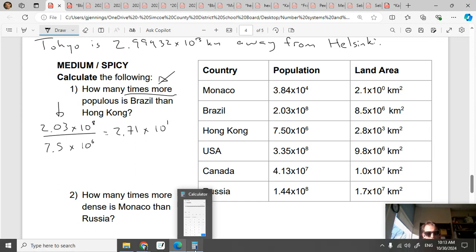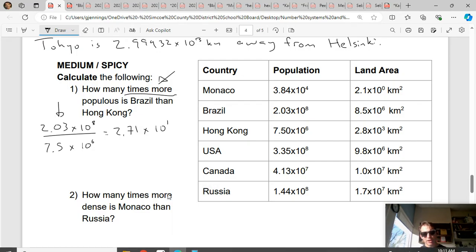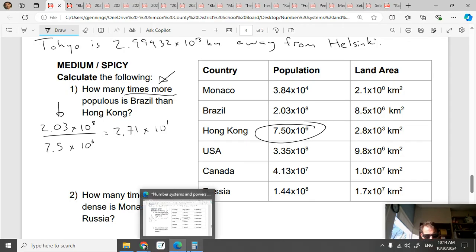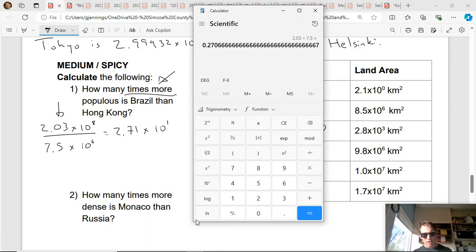It's going to be 27.1 times more populous. If I take this number and multiply it by 27, it's going to give me Brazil's population. Here's the population of Hong Kong, 7,500,000. I multiply that by 27.1, let's say, so I get really accurate. I'm going to get Brazil's population, which is 203 million.